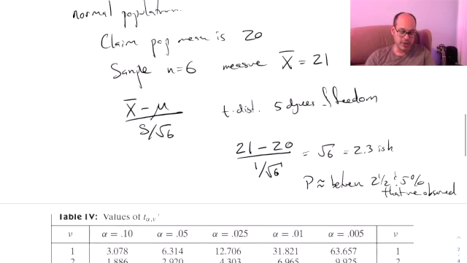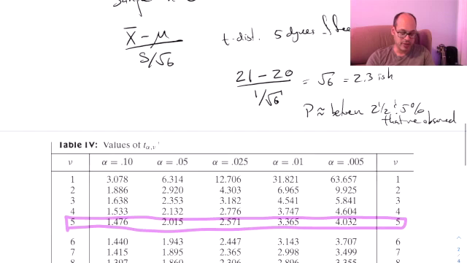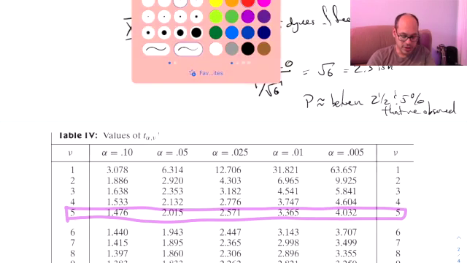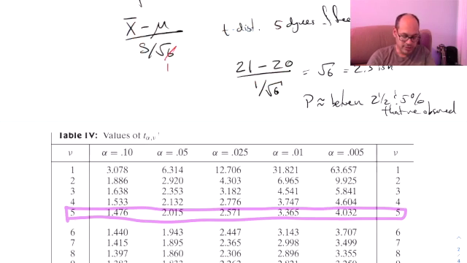You can imagine how this would have changed if instead of having n equals 6, we had n equals, let's say, 10. Let me just make the changes like this. So if this was actually a 10, you'd have 9 degrees of freedom, and this thing is a 10, so that's root 10, which is more like 3.